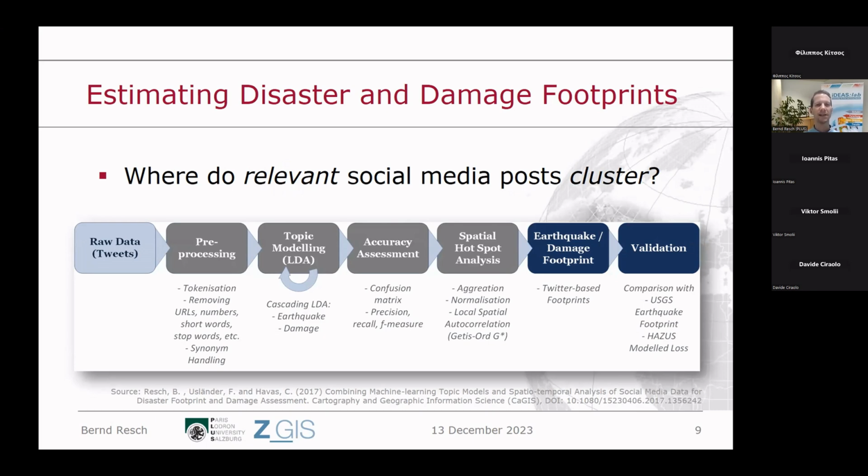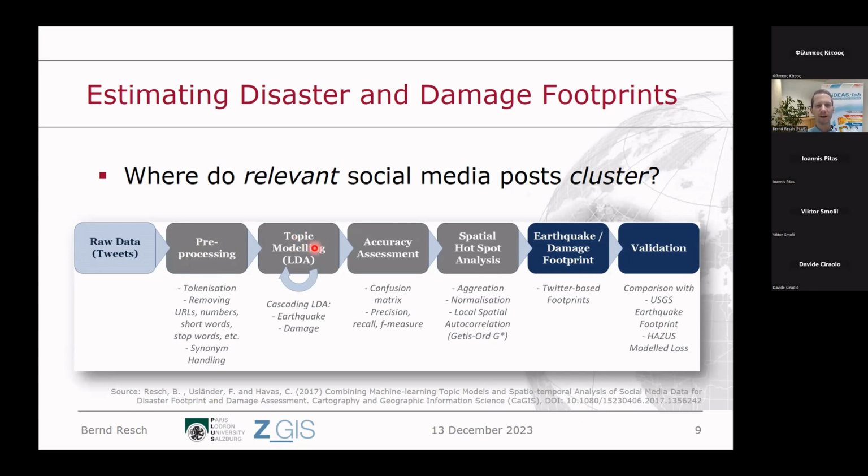And that's one of the major challenges, actually. And then the clustering means, where do we see unusually high anomalies, if you wish, that give us an indication that certain areas are very strongly affected by a natural disaster. So basically, we go from raw data to a pre-processing routine that is a very specific 12-step routine that actually gives us a processable data set.